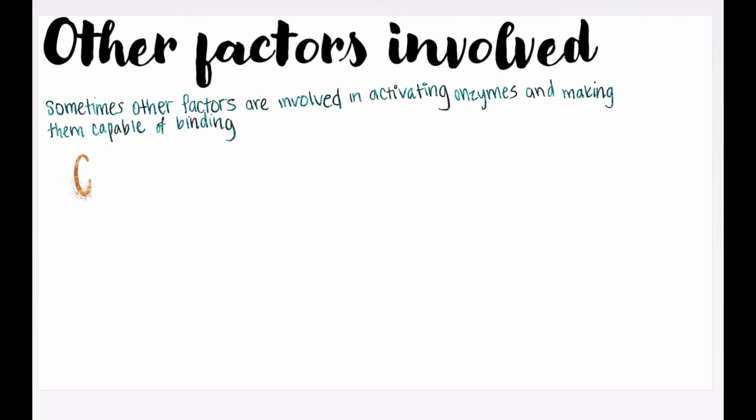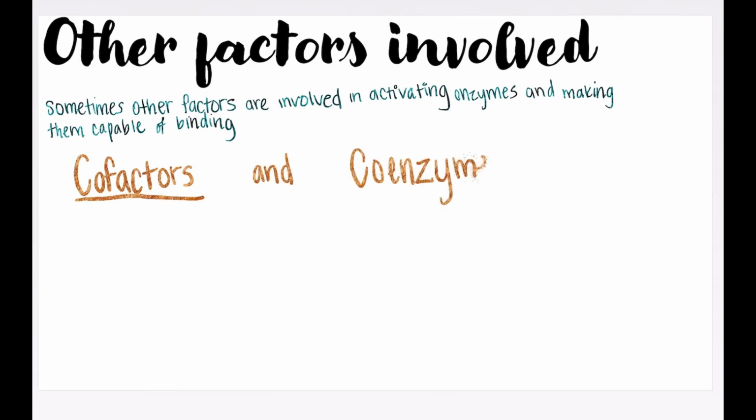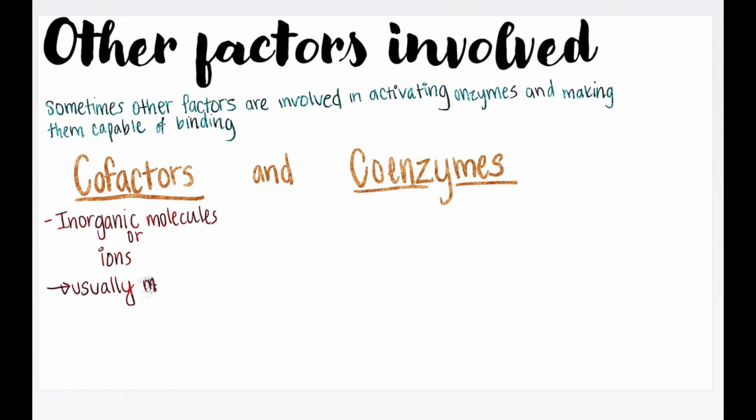So remember that it's very, very highly specific, so they sometimes do need the help. And these are called cofactors and coenzymes. Let's start with our cofactors. Your cofactors are going to be your inorganic molecules or your ions, and generally these are usually metal ions.